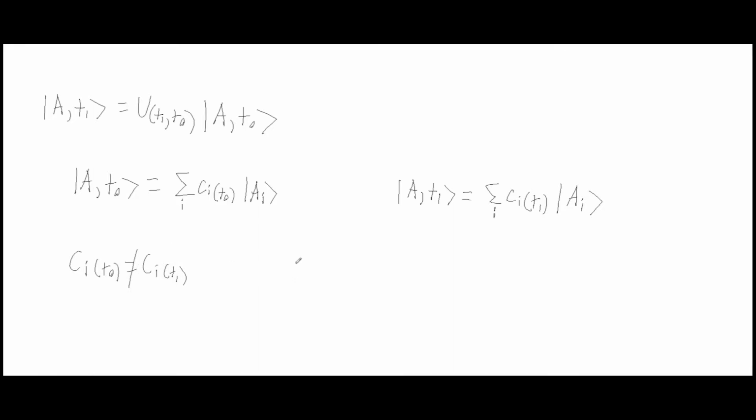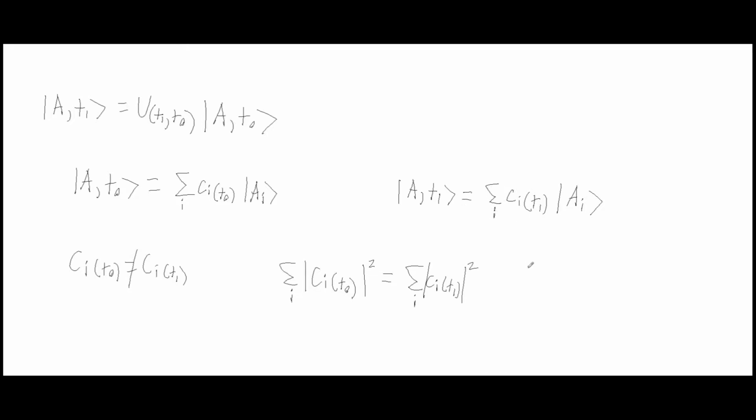However, it does need to be the case that the sum over i of the magnitude of Ci at t naught, squared, so that's the probability, is equal to the sum over i of the magnitude of Ci at t1, squared. So the total probability for one and the probability for the other have to be equal to each other.